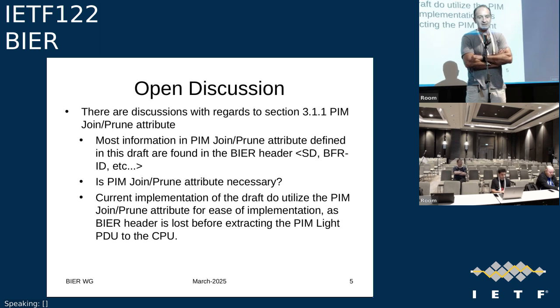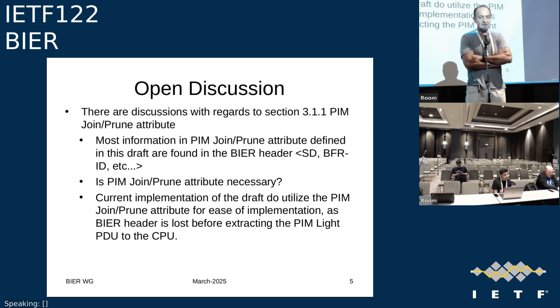The reason for that is we found it simpler to send the information from the data path all the way up to the CPU, and we get rid of the BIER header. So when that information goes all the way up to the CPU, we don't need to insert a fabric header or any extra new header based on the BIER header to the CPU.